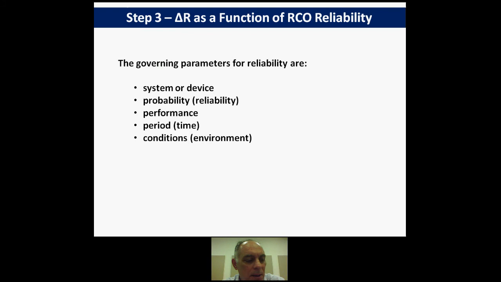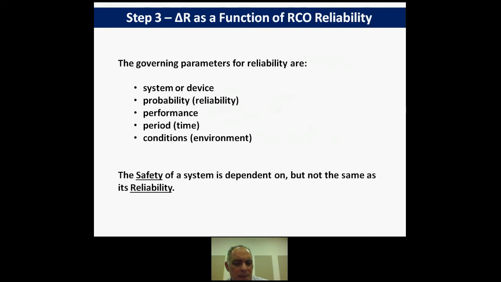This is particularly important for shipping because the environment is not so friendly, it's very hostile, and that will accelerate a lot of failures, system failures.